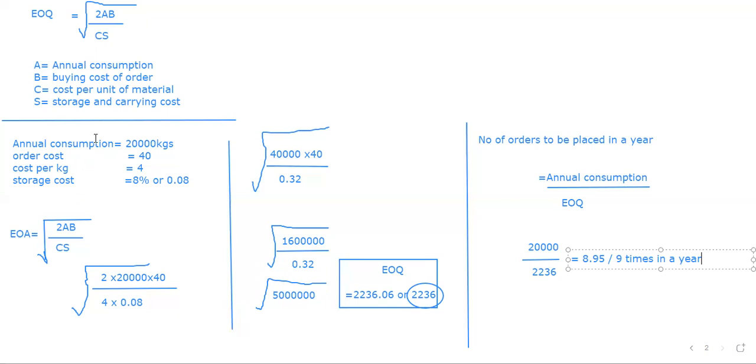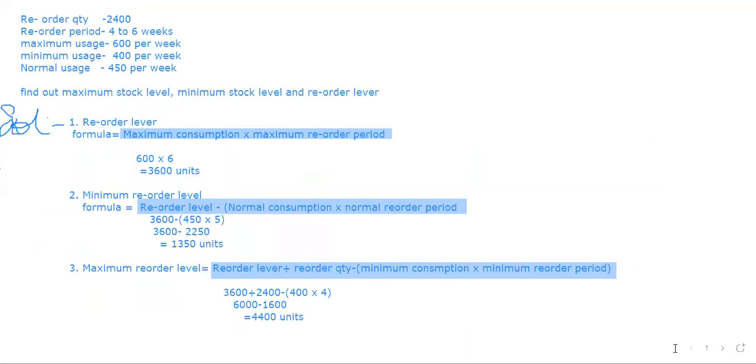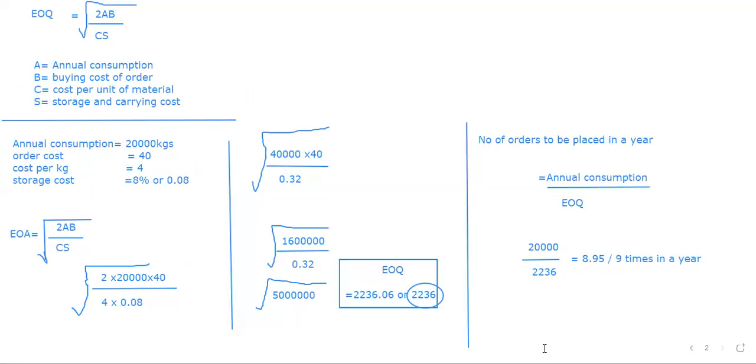Order cost will be multiplied with the consumption, and cost per unit, cost per kg, or price is to be in the denominator. If you remember these points, it is going to be easy for you. So that's it for the class. Learn the formulas by heart, it is going to be easy for you.